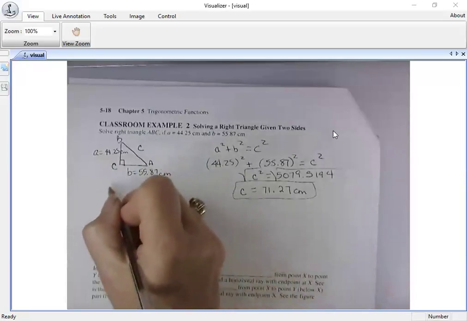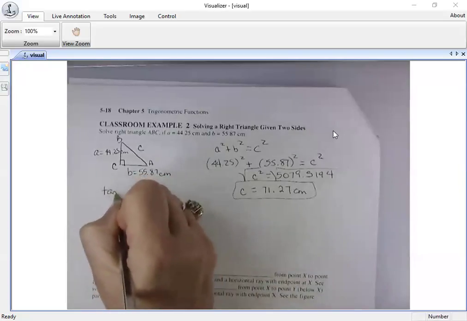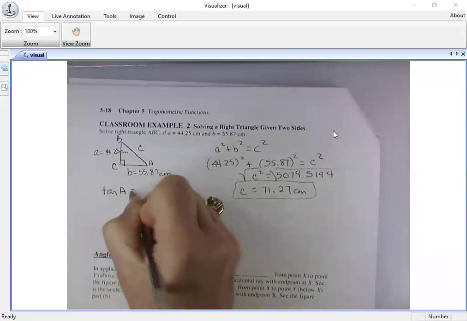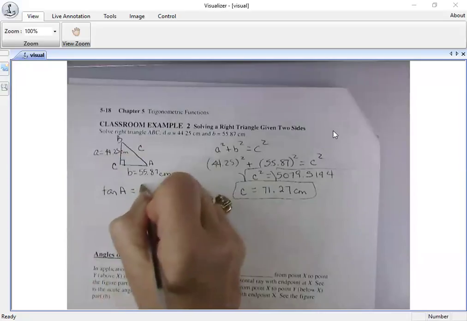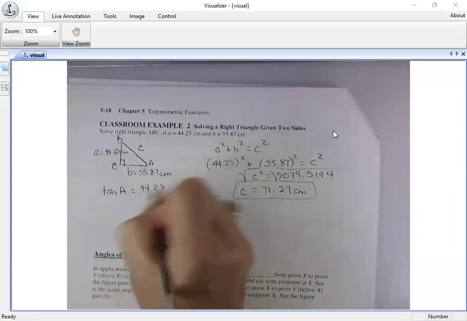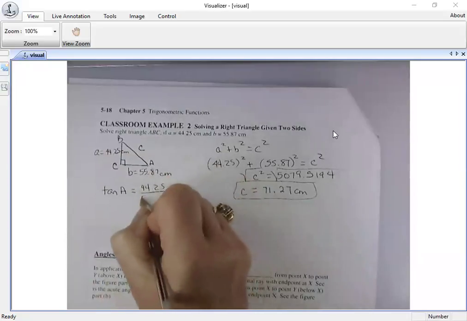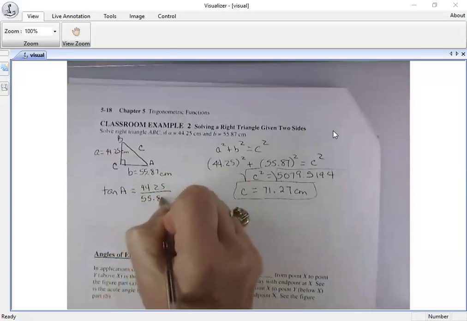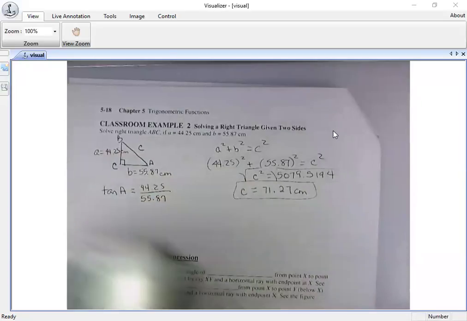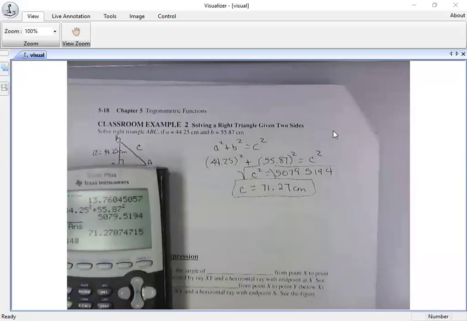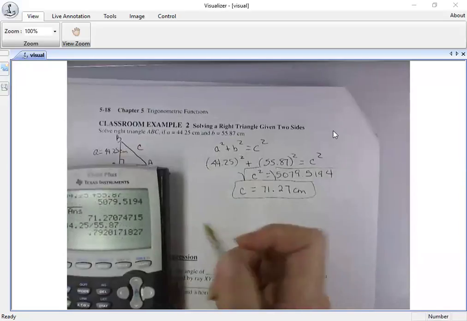So to get angle A, the tangent of angle A is equal to opposite, 44.25, over adjacent. Okay, so I can go to my calculator, and that 44.25 divided by the 55.87 is that decimal number.